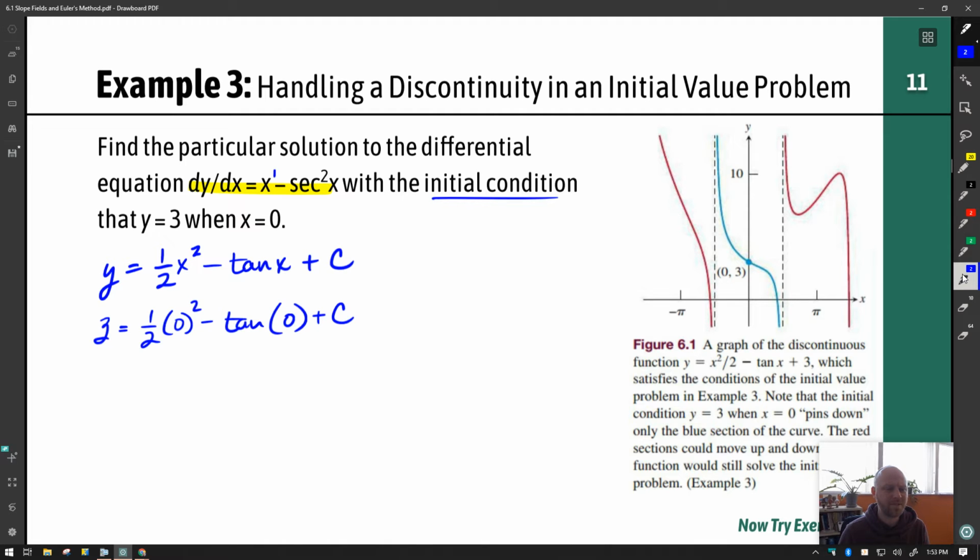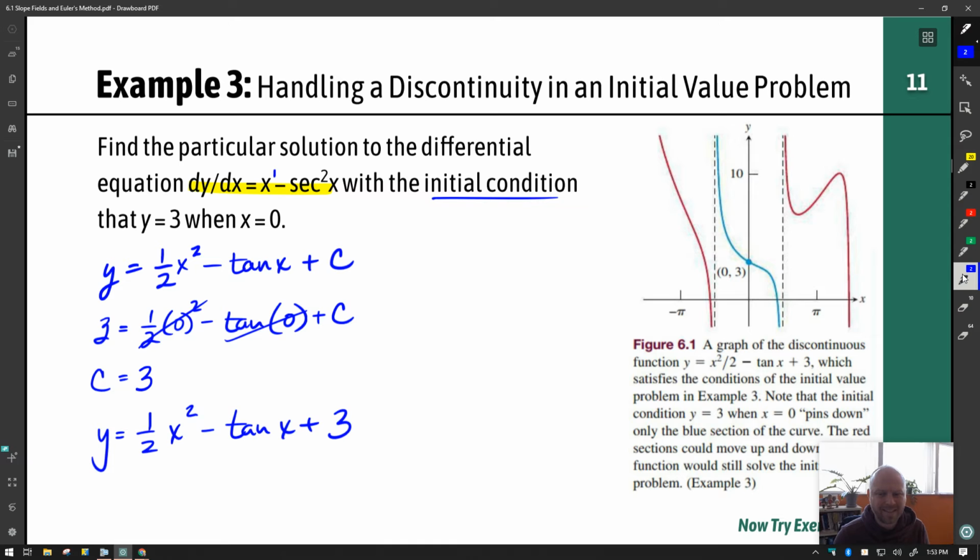So 1/2 times 0 squared, that's 0. Tangent of 0, also 0. So this means that c is 3. And that means our particular solution is y equals 1/2 x squared minus the tangent of x plus 3.